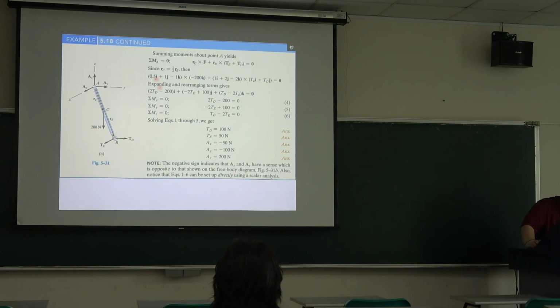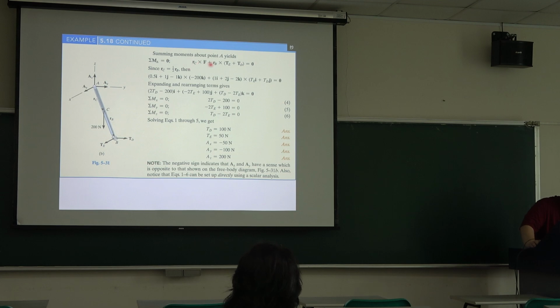And then we can use the moment equilibrium. So we calculate the summation of moments at point A equal to 0. In vector analysis, we can use the position vector cross the force vector, and we can get the moment.